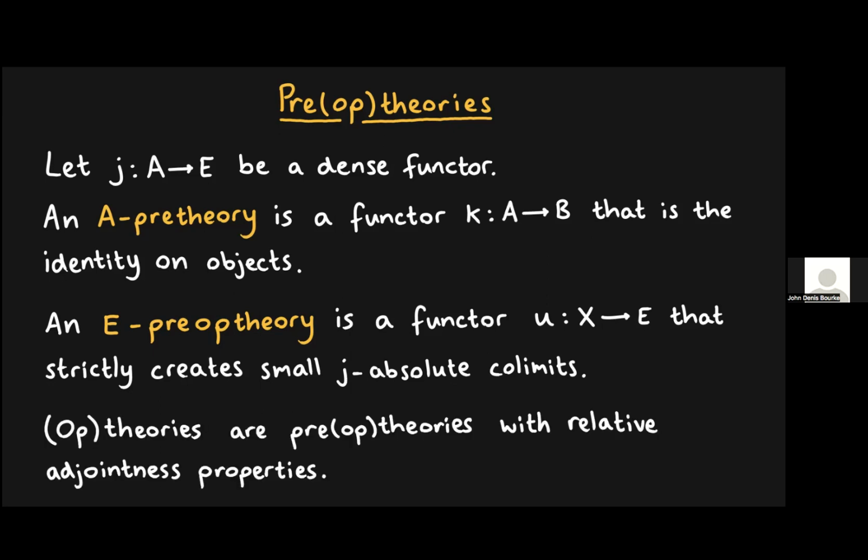And the thing to notice here is that the pre-theories and the pre-op theories exactly become the theories and op theories when we add the relative jointness conditions. So you just remove the relative jointness conditions from theories and op theories to get the definitions of pre-theory and pre-op theory. And the terminology pre-theory here is coming from the work of John and Richard Garner, but it also appears in Linton's work as an A clone. So this has some relationship to abstract clones as well.